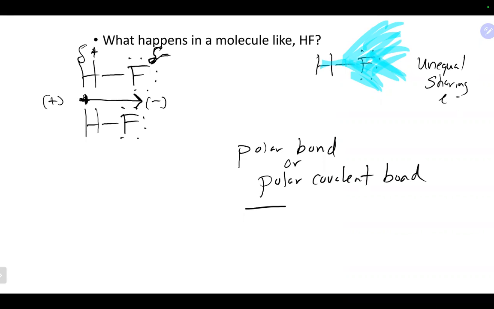Why is it only a partially positive charge and a partially negative charge? Why is it not like a full positive charge and a full negative charge? In this case, they are still sharing. It may be unequal sharing, but there's some aspect of sharing where it's just barely hanging on maybe, but it's still hanging on.